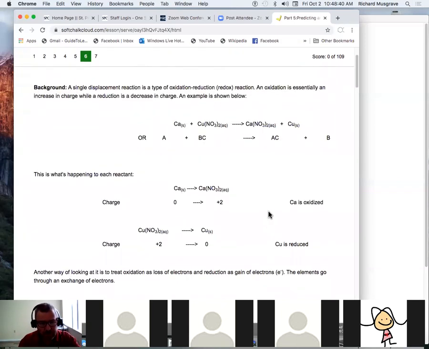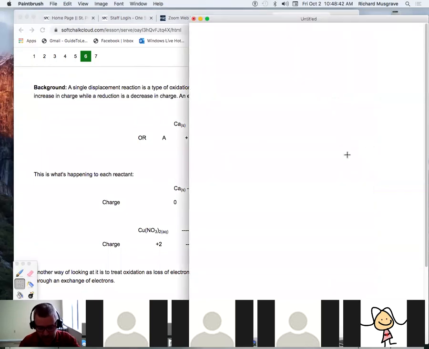Okay, so we have to be able to identify what the neutral compound is and what the cation is so we can make this determination. So it's always something that looks like this. We'll do this.